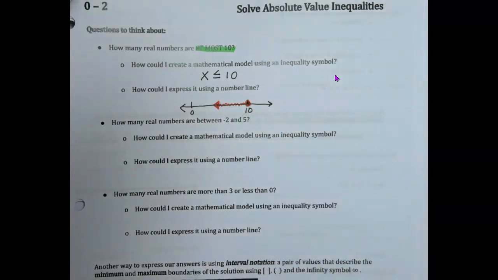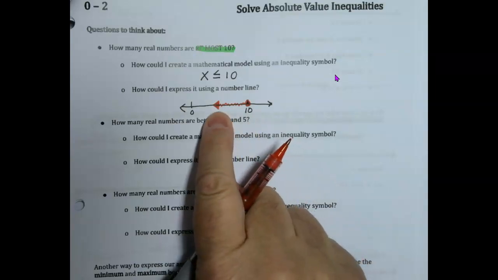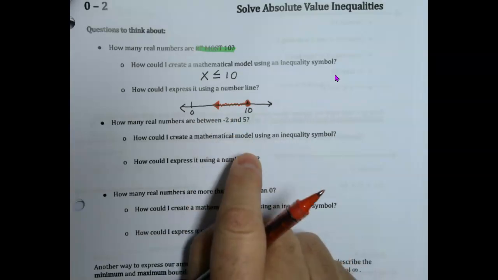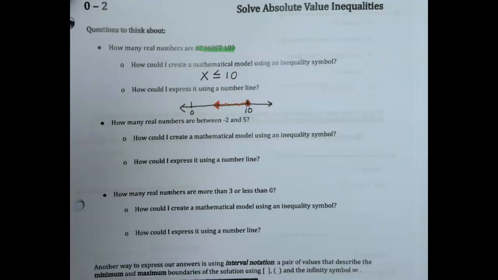Okay? That says how many real numbers are between -2 and 5. This one up here, because it goes to the left and never stops, is called an unbounded solution. This one here, because of these endpoints, will be a bounded solution.